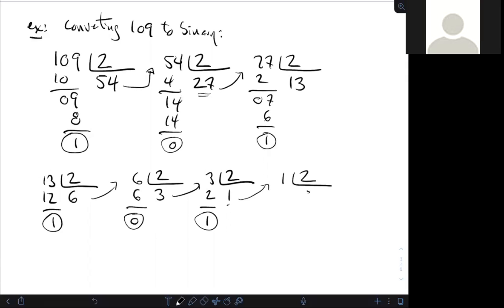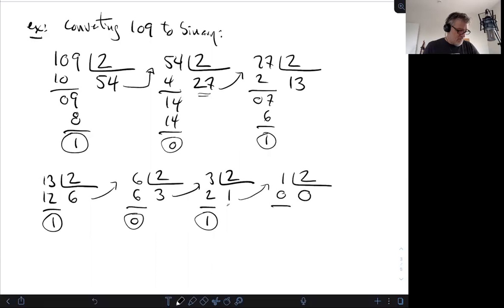So this is 0. I got a remainder of 1. And now you stop. This is your stop sign. There's nothing to do after that. So I've circled all the remainders, and that is in fact the binary representation of 109.